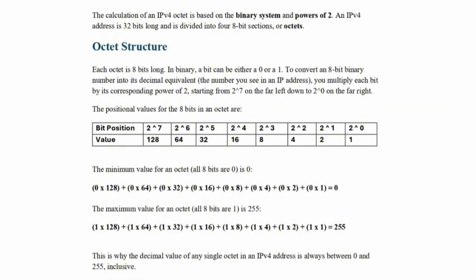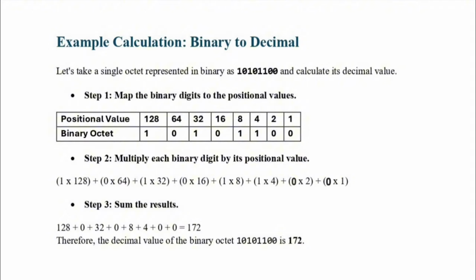For the maximum, it would be 1 into 128 plus 1 into 64, and so on until 1 into 1, which all added up equals 255. So that was about the octet structure.